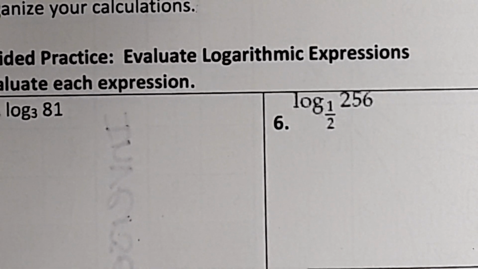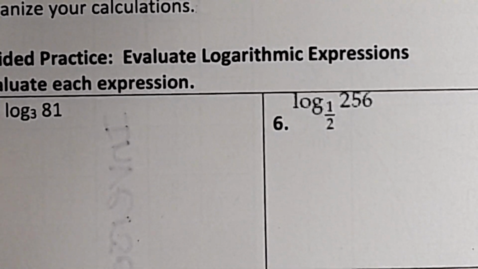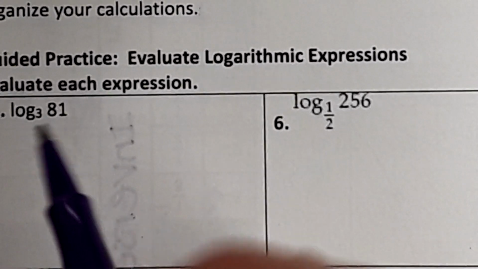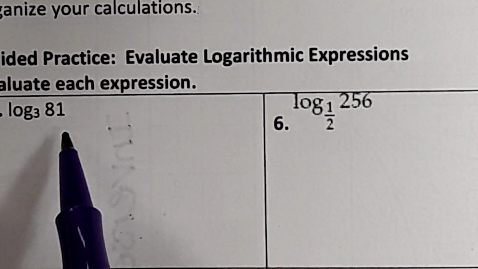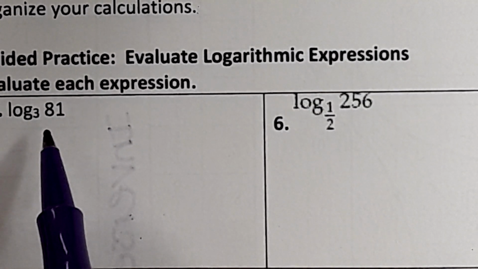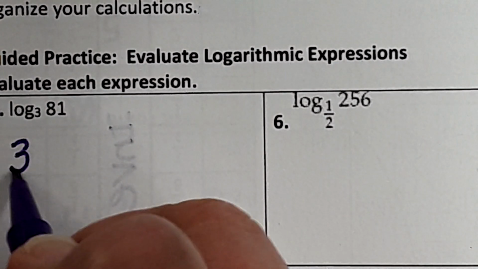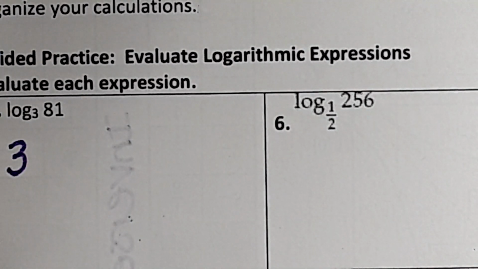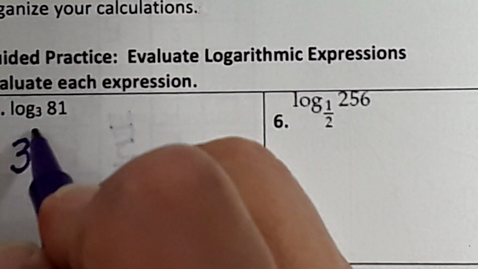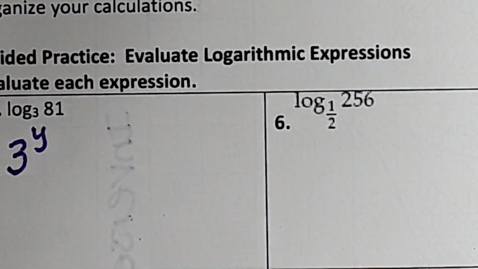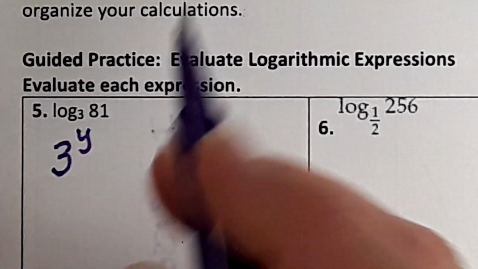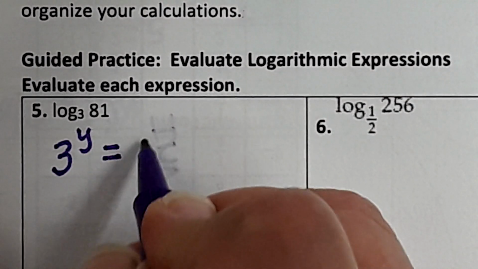It doesn't have a y, but we're going to act like it does have a y. So the first thing we're going to do is rewrite it. This is in logarithmic form, so we need to write it in exponential form. What is my base? Is there a y? No. So we're going to make our y our variable. And what does it equal? 81.